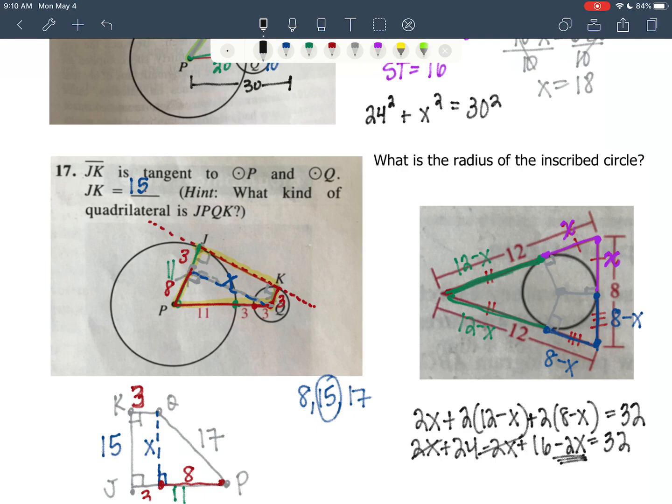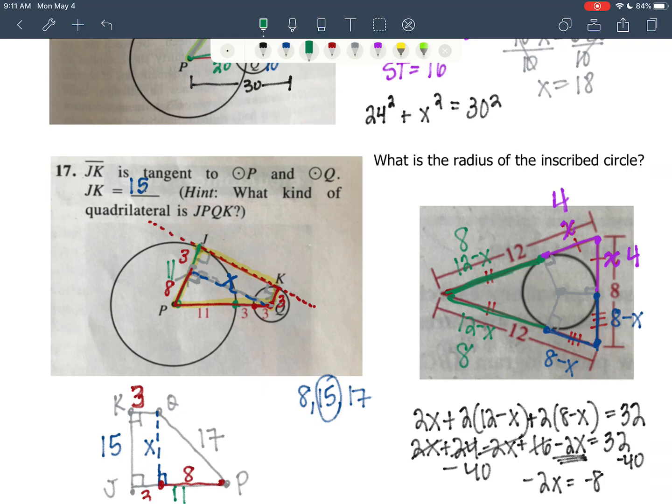Okay, so 24 and 16 is 40. So I'm going to subtract 40 from both sides. And I'm going to get negative 2x equals negative 8. X equals 4. So if this length is 4, that length is 4. This length has to be 8, and this length has to be 8.